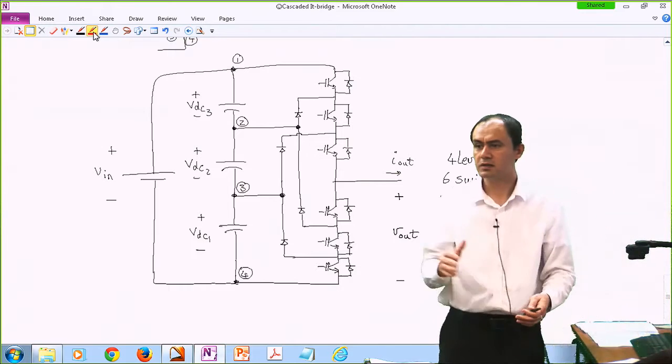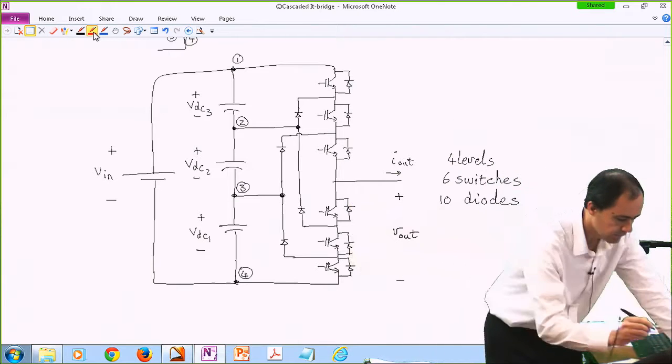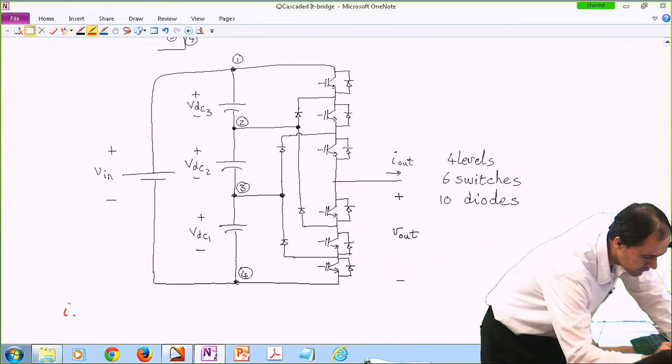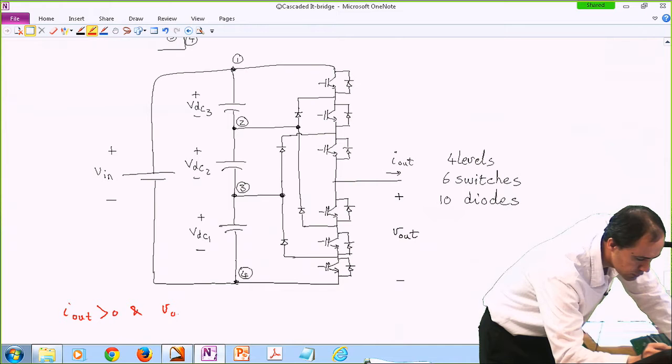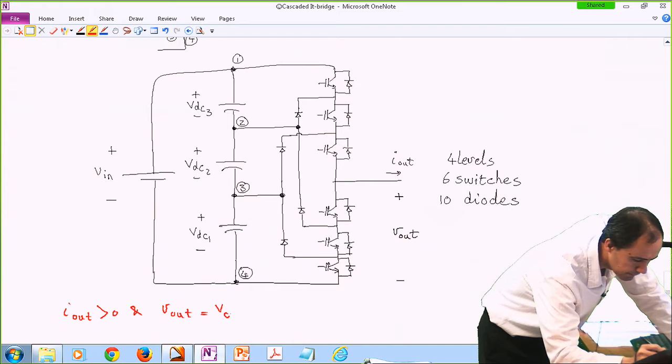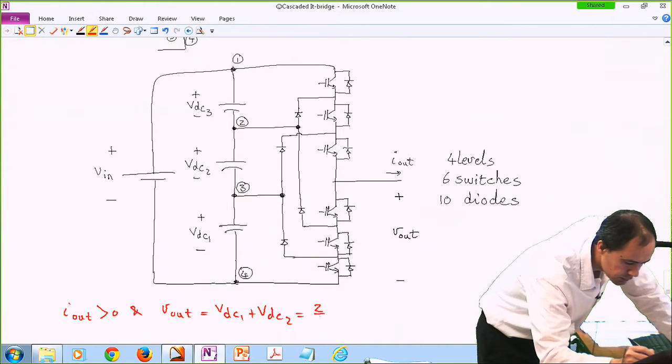I can find myself in a situation that I out is positive, and we would like V out to be VDC1 plus VDC2, or basically 2/3 of the input voltage.